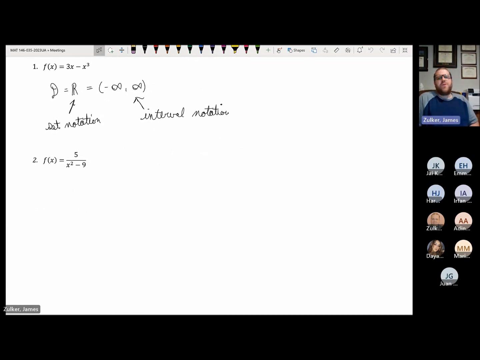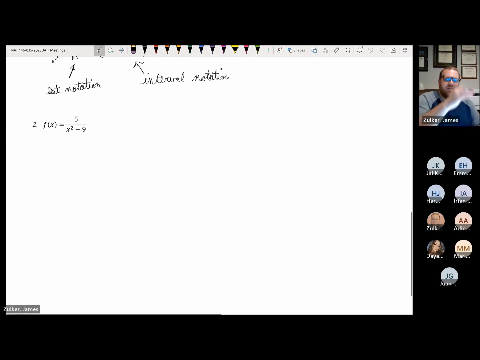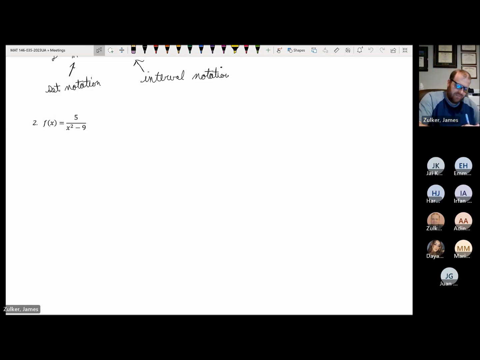Domain of 5 over x squared minus 9. So we have a denominator. That denominator cannot be 0. So x squared minus 9 cannot equal 0. That means x squared cannot be 9.